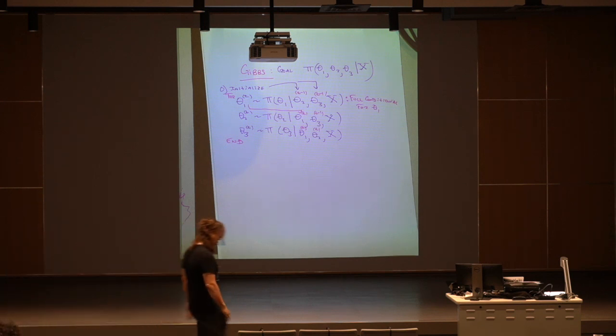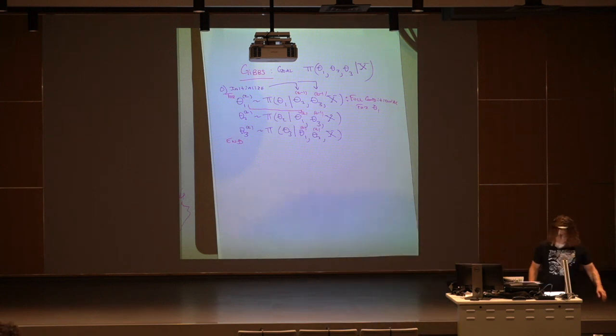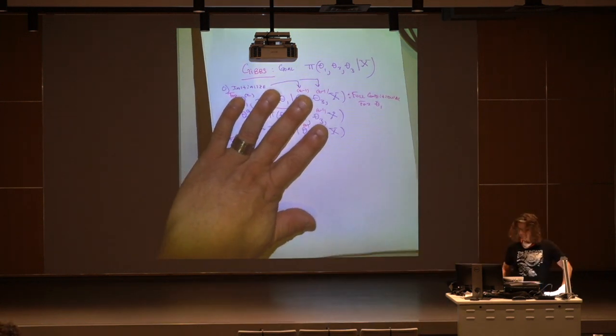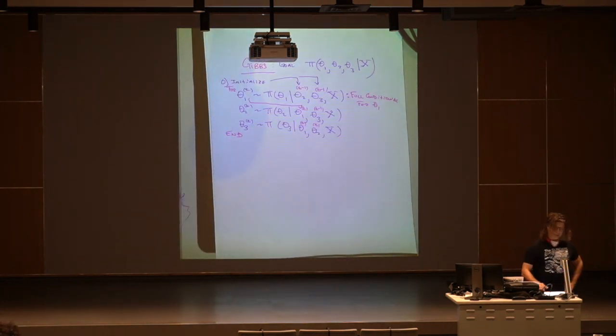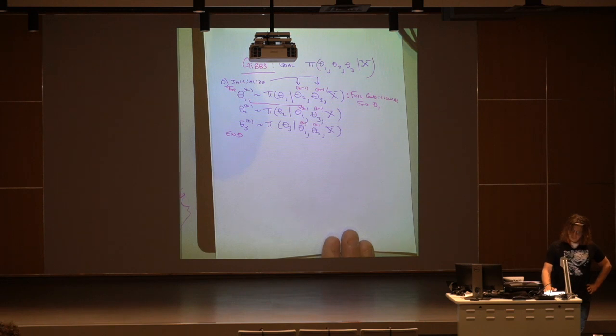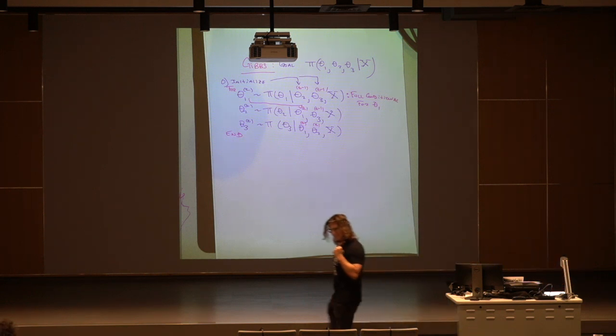A lot of iterative matrix multiplying schemes or matrix solving algorithms do something similar to this. Here's the surprising thing. If I don't know how to sample from those full conditional distributions, I can use Metropolis-Hastings.